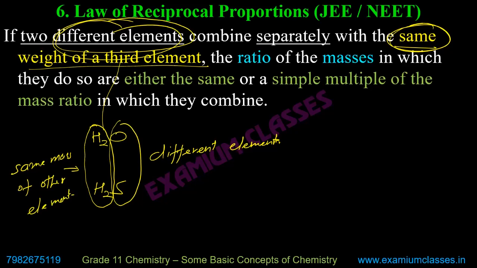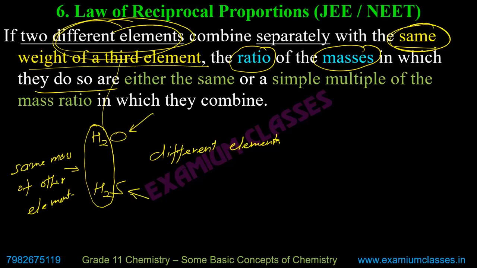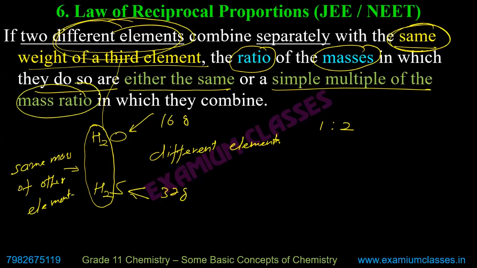Then the ratio of masses in which they combine, 16 grams of oxygen to 32 grams of sulfur, that is 1:2, are either the same or a simple multiple of the mass ratio. Means either it is 1:2 or it is a simple multiple of this ratio in which they combine.